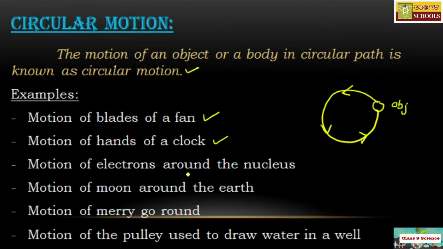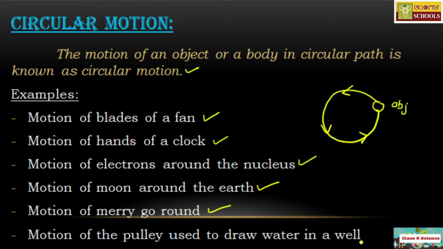Similarly, motion of the electrons around the nucleus is also an example of circular motion. Motion of the moon or any satellite around the earth has a circular path, and hence it is also an example of circular motion. Similarly, we have the merry-go-round, whose motion is taken as circular motion.